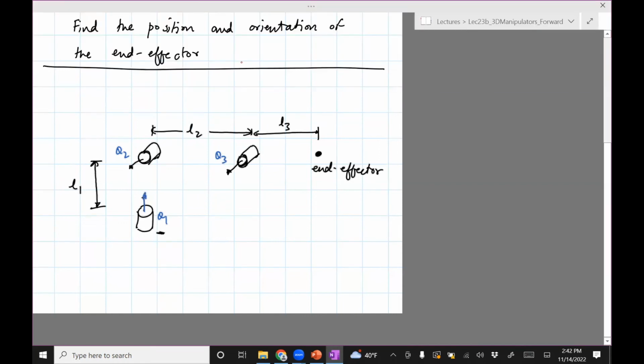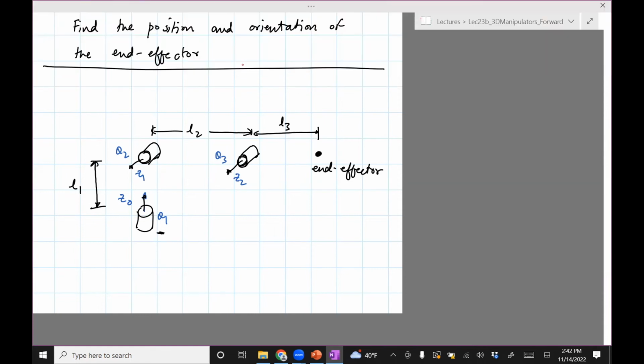Okay, let's follow these steps. Number 1. So first, step number 1A, assign Zi along the axis of actuation for each link. So let me use blue for the Z axis. So clearly this is Z0, this is Z1, this is Z2. These are 3 links, 3 joints, 3 Z's.